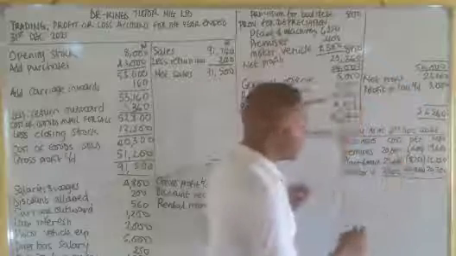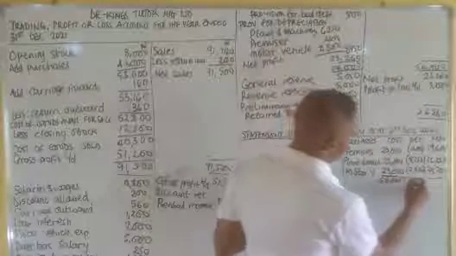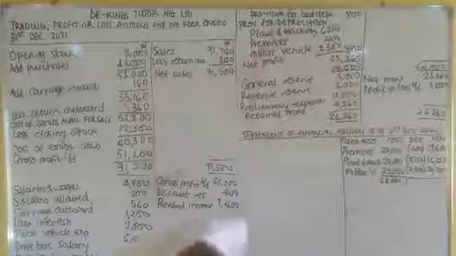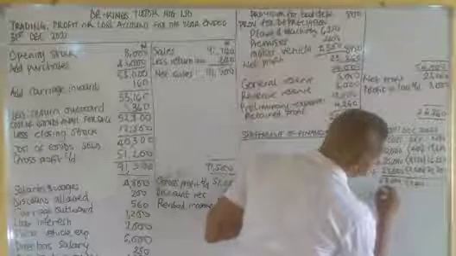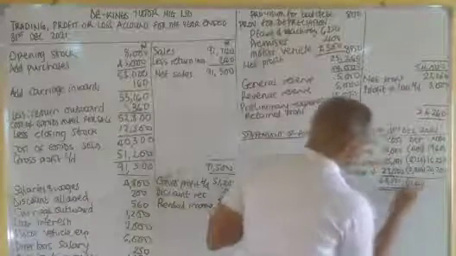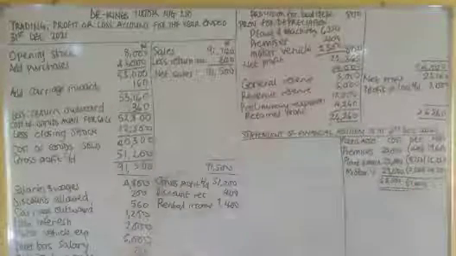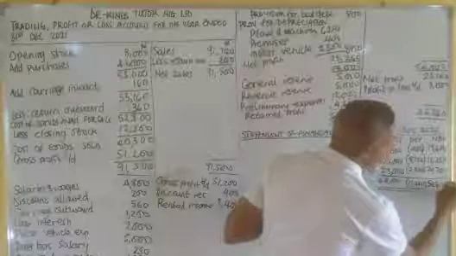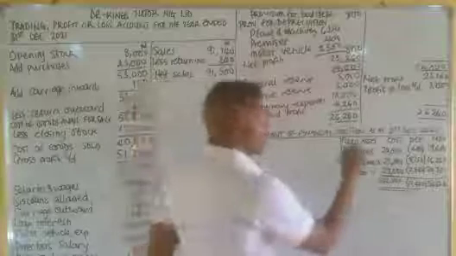So when we add this, we are having 68,000. And when we add this, we are having 11,450. And this minus this gives us our net book value, which becomes 56,550. Okay, so that's the fixed asset.